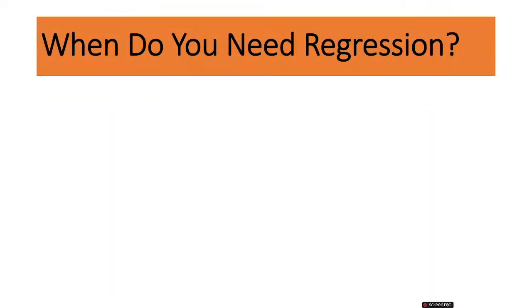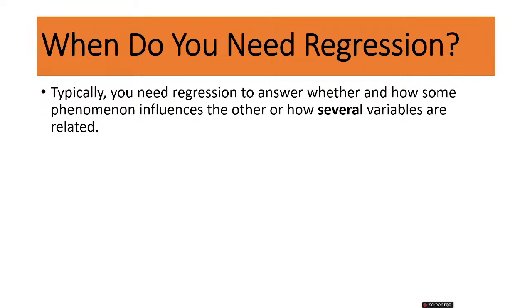Regression is needed when you want to know how some phenomena influence the other, or how several variables are related. So this time I try to show you the relation between NDVI and LST.